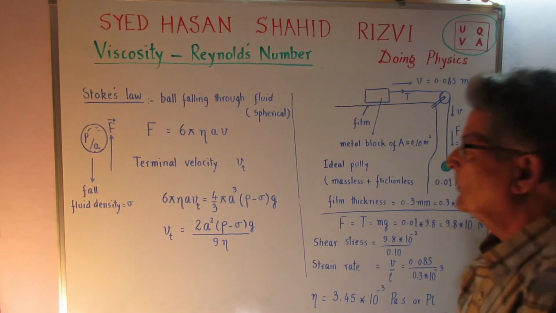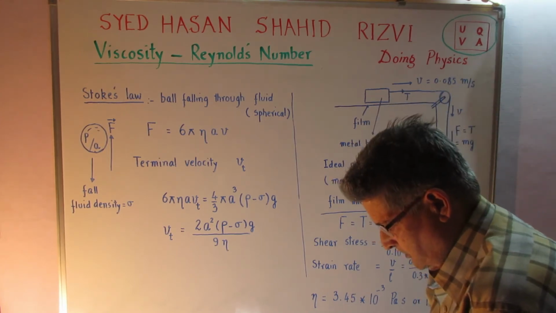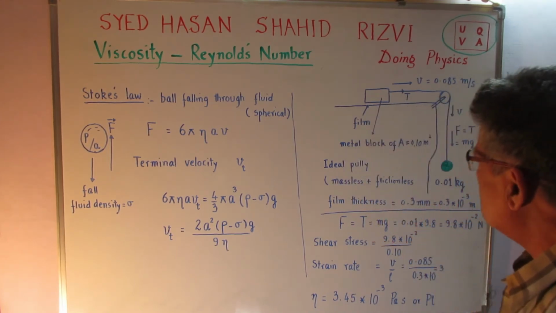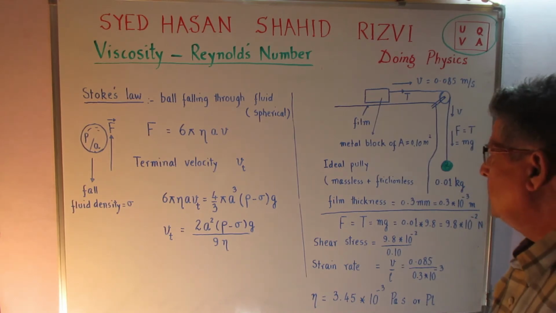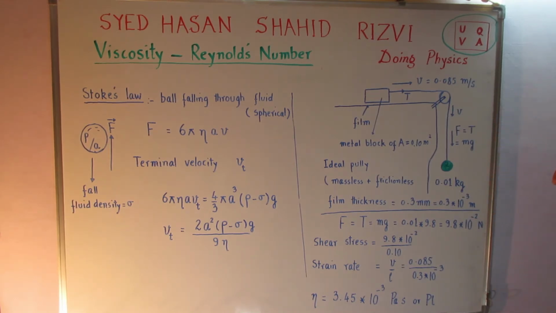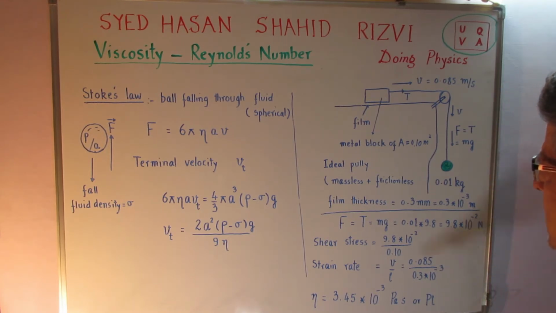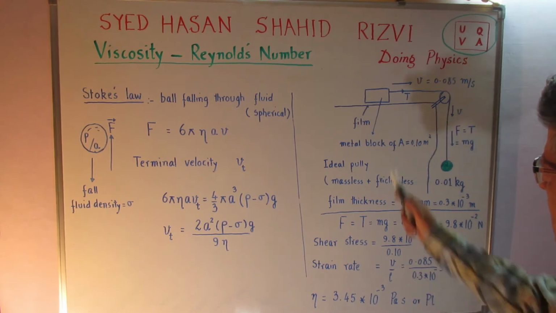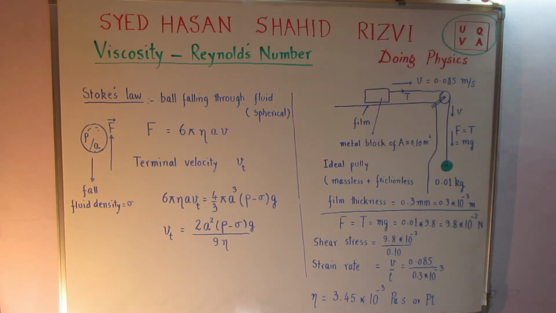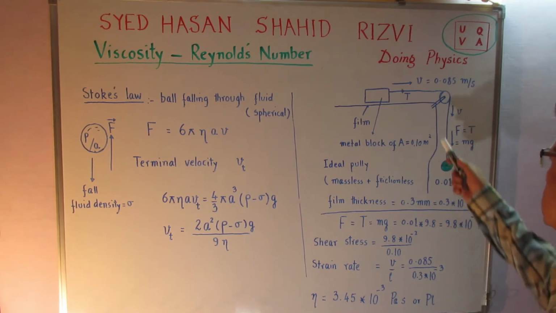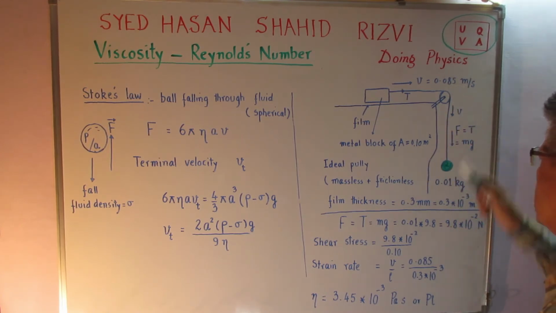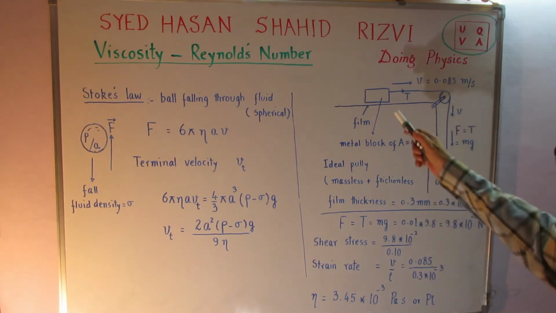So we'll talk about the determination of eta, the coefficient of viscosity, by doing a very simple experiment where we have a metal block put on a film of whatever fluid we are going to study, normally an oil, and in this arrangement I have a pulley and a string that goes over the pulley.